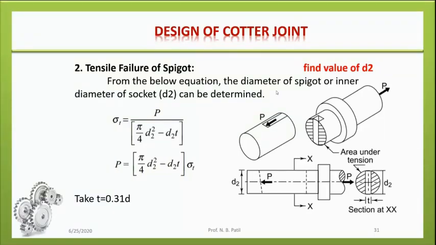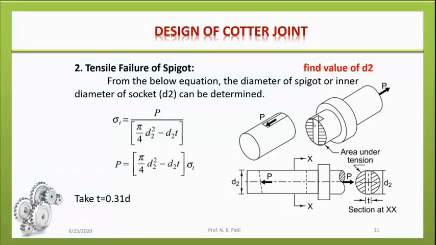Now, the spigot over here, let's see this one. If we take an XX plane, we take a section over here, then this much area, the shaded area, is where the total tension occurs. In the last lecture, we also discussed why we do not take the exact circular cross section area: if there is a reduction in area, then the stress gets more.